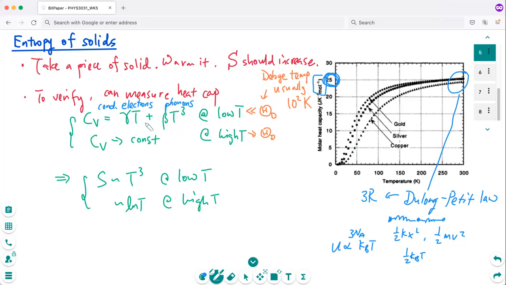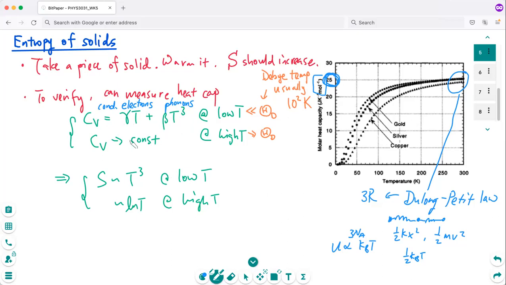Let's say you start from T equals 0, you raise your temperature. Of course, it depends on the relative size of gamma and beta. Let's pick the typical value and trust me here. Once you raise the temperature, you will see that the T cube term very quickly dominates the heat capacity. So at low temperature, for a typical solid, you have at least two channels to store your heat.